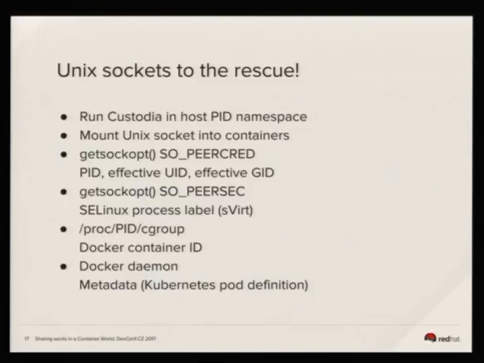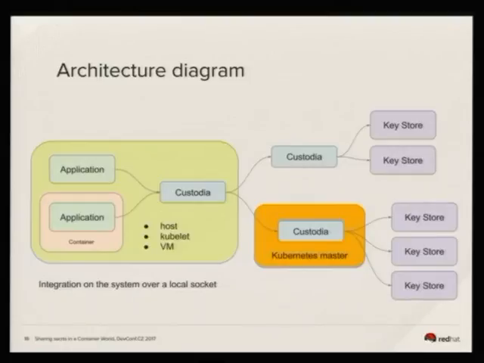But to get to your question, yes, we have to run Custodia on each node, but no, we don't have to have the secret on each of the systems because, again, Custodia is also a routing protocol. So we have the application running in a container, and we bind mount the Unix socket into the container, and then have Custodia running, for example, in a daemon set on each of the hosts.